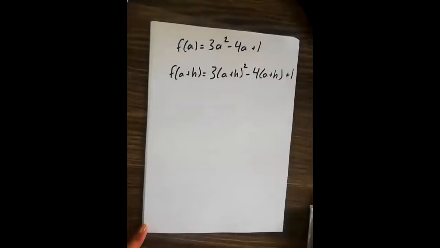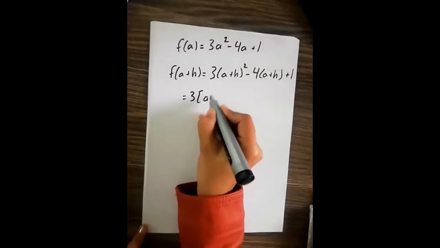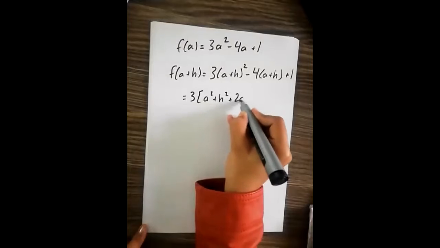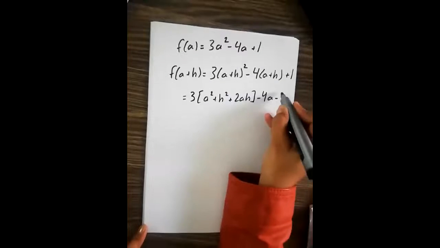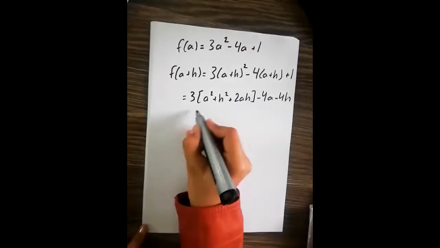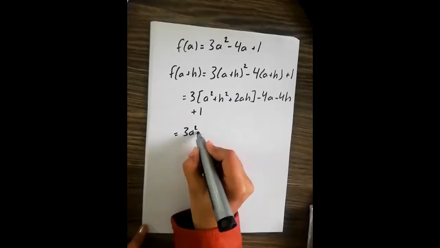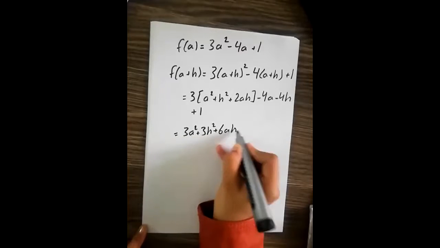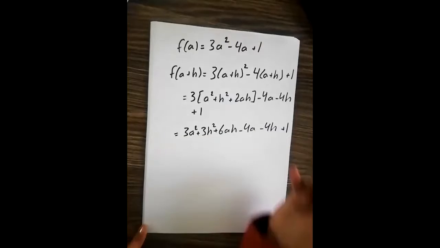We should simplify it. It will become 3 into a square plus h square plus 2ah minus 4a minus 4h plus 1, which is equal to 3a square plus 3h square plus 6ah minus 4a minus 4h plus 1.